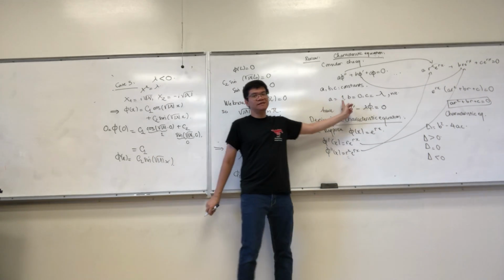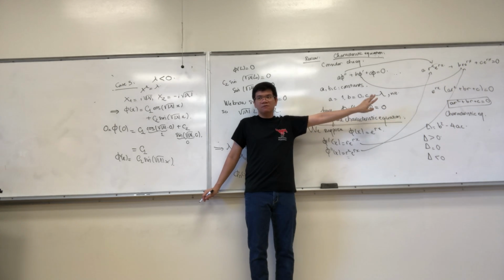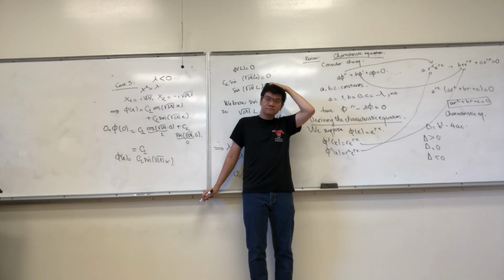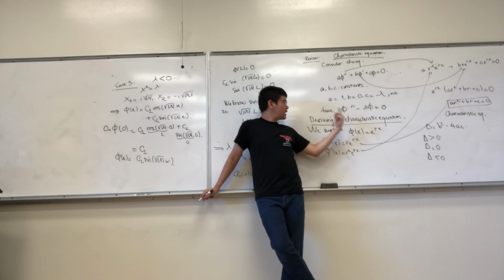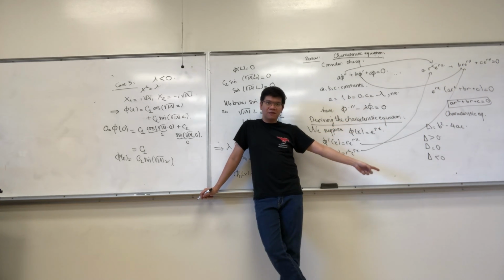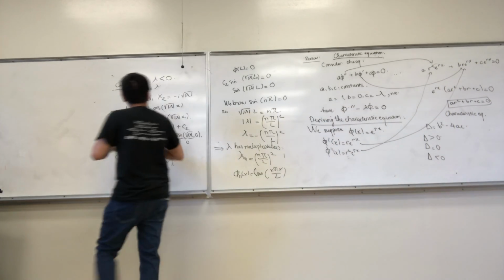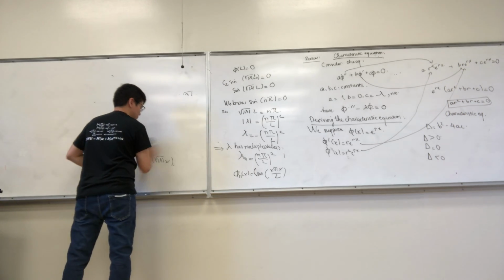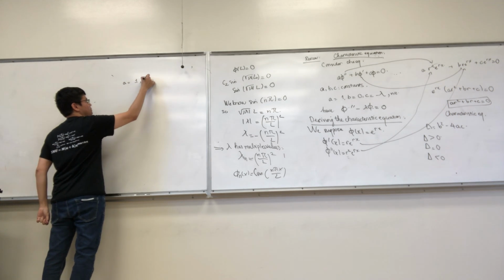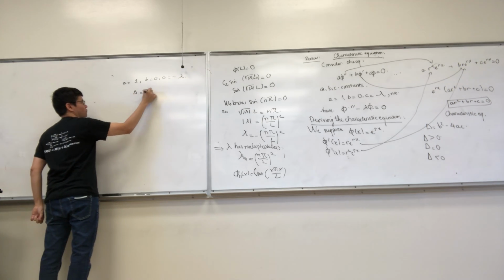Now going back to this: a is 1, b is 0, c is minus lambda. What is the delta in this case? I want to compute the delta. 4 lambda. So if a is 1, b is 0, c is minus lambda, the delta will be 4 lambda.